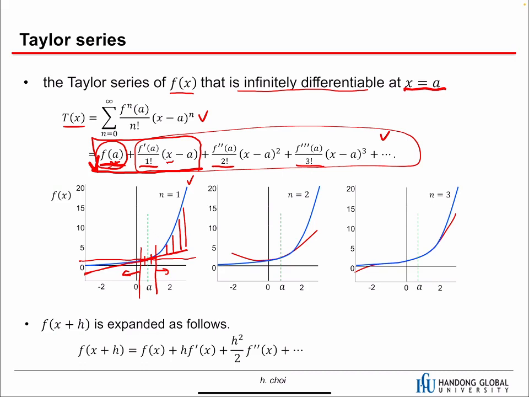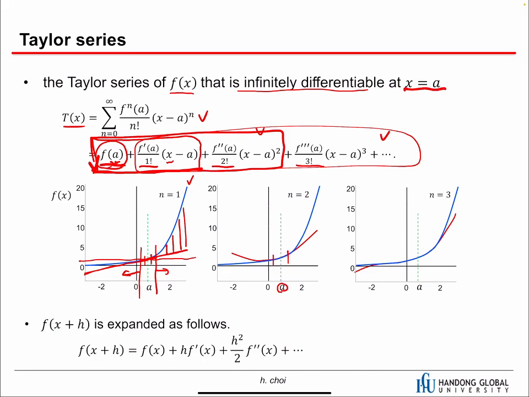And if we include one more term, then we have a quadratic equation to approximate the function f. Then around a, the approximation is better than before.